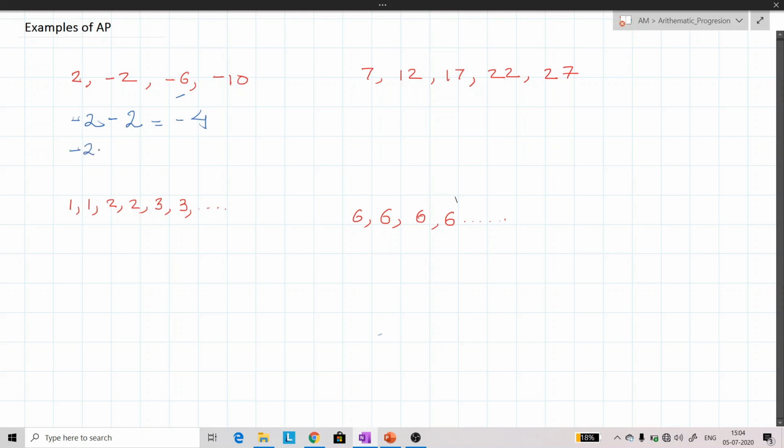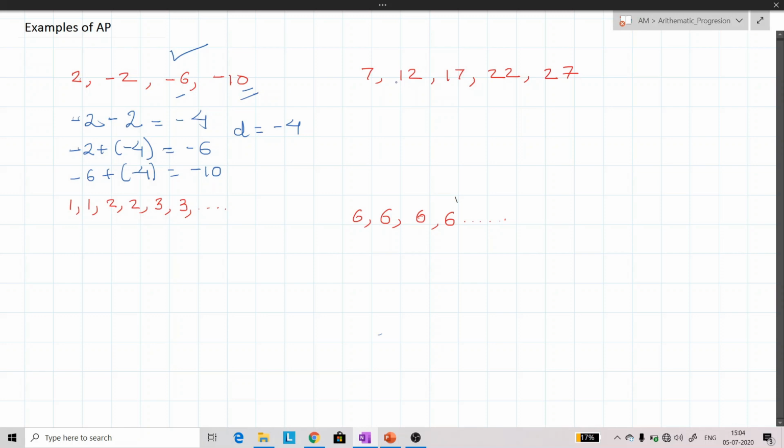If I add this minus 4 to the previous number, that is minus 2, I get minus 6. And yes, it is present in the list. Similarly, if I add minus 4 to minus 6, I get minus 10. And we have that number in the series as well. So for this progression of numbers, the common difference that you get is minus 4. And this series of numbers does form an AP.